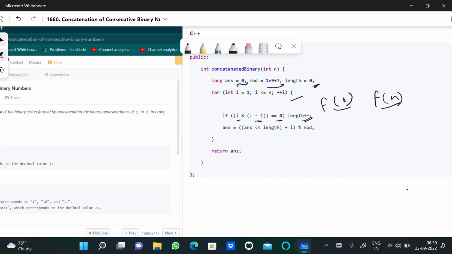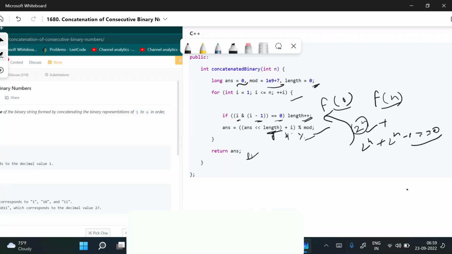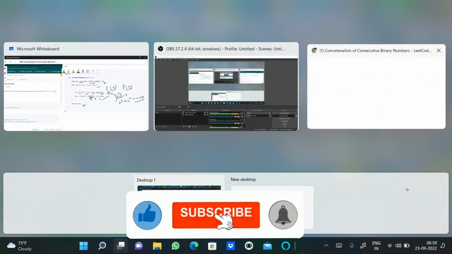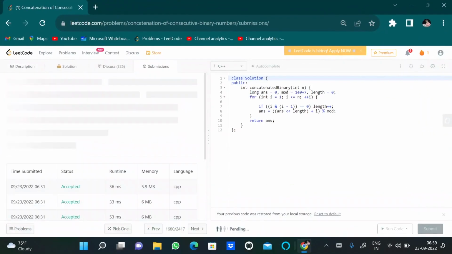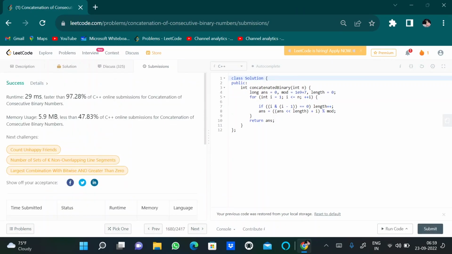As I told you, whenever we reach a 2 to the power n value, we increase the length, because 2 to the power n AND 2 to the power n minus 1 is equal to 0. We are checking this, and we are doing answer left shift length plus i, by mod. So we are returning the answer. Now we are running the code. It's running. Thank you.